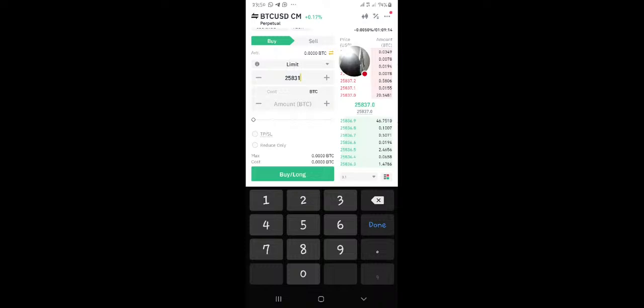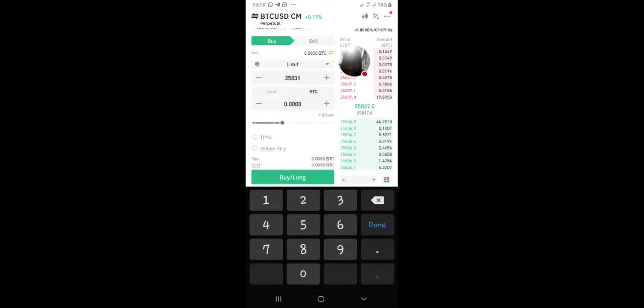Then if you have your USDT or anything here for the trading, you just click this arrow here to show you how much you want to trade, and your value will be displayed in this place. Maybe it's 2 or 40. Any amount you want to trade, your value will be displayed here.